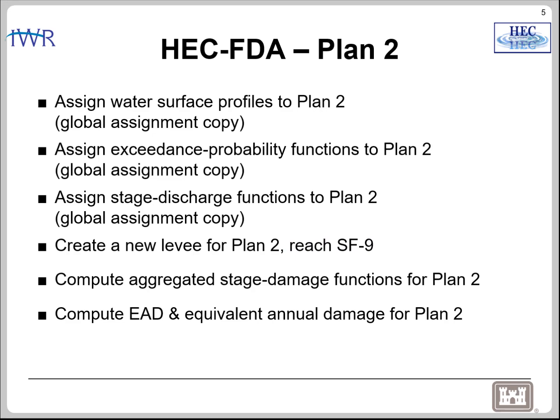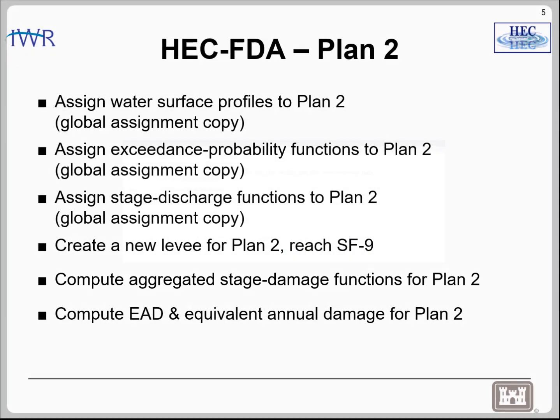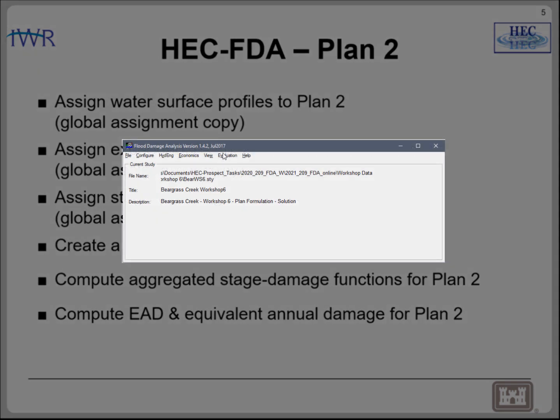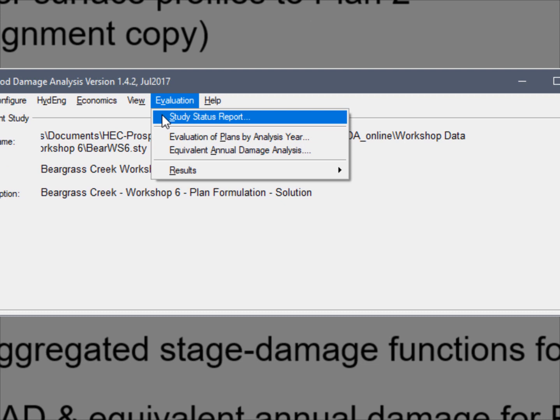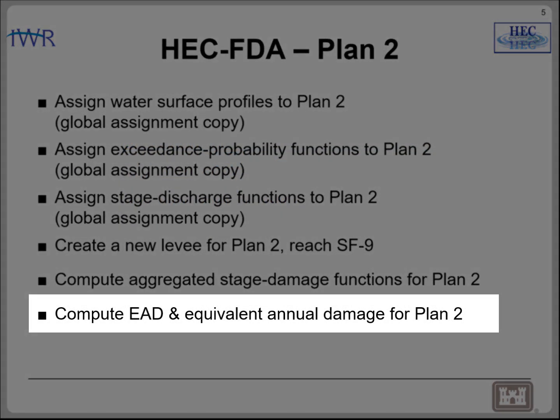After creating the levy, you can compute the aggregated stage damage functions for Plan 2. I encourage you to check the study status report to make sure your big 3 relationships have been assigned correctly before computing. Once you complete those steps, compute the EAD and equivalent annual damage.